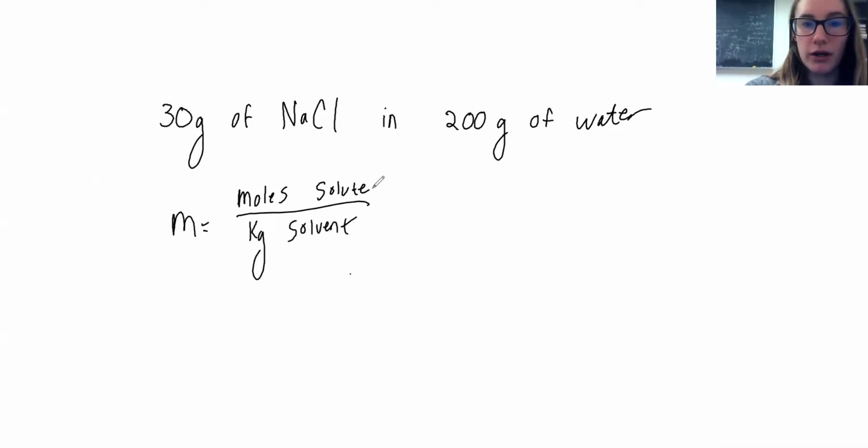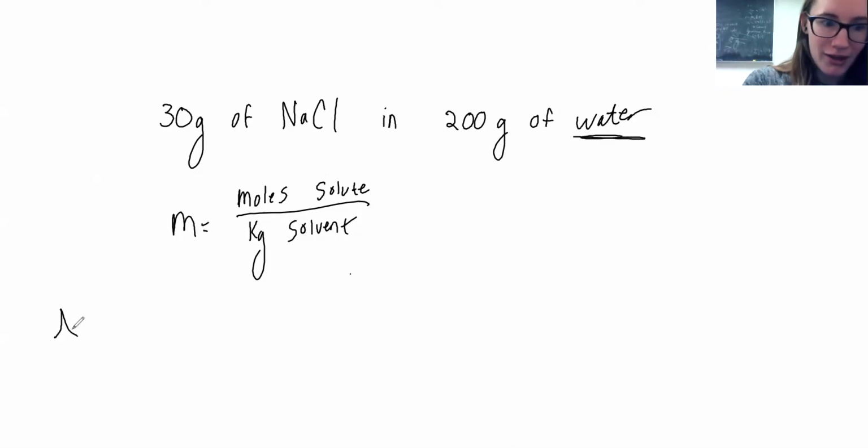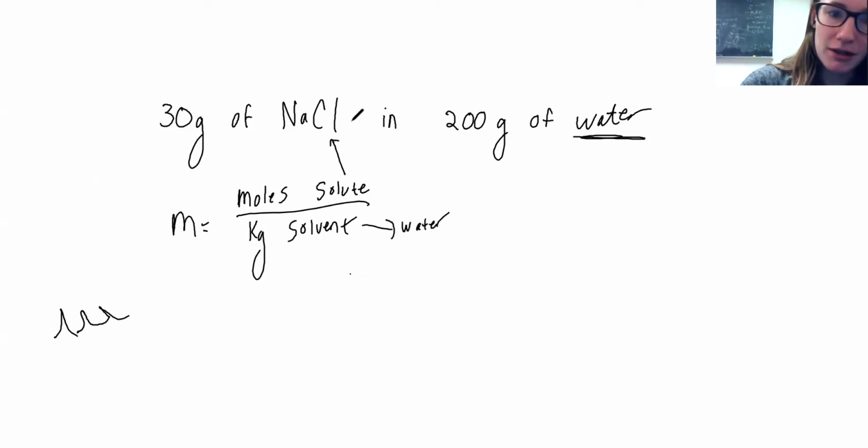It's kind of stupid, but the way I remember this, when I was in high school: if you flip the V in solvent upside down, it kind of looks like a wave, and water makes waves. So if this guy is the water, this guy must be the thing that's dissolving.